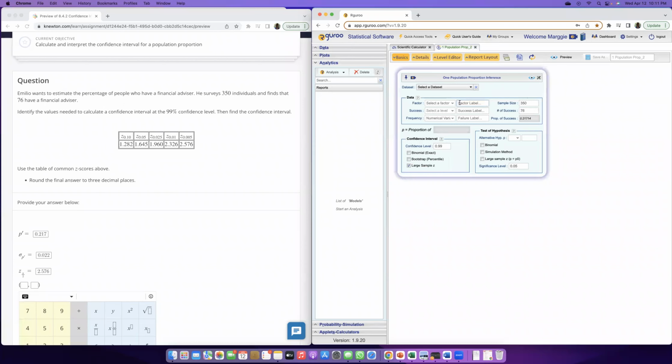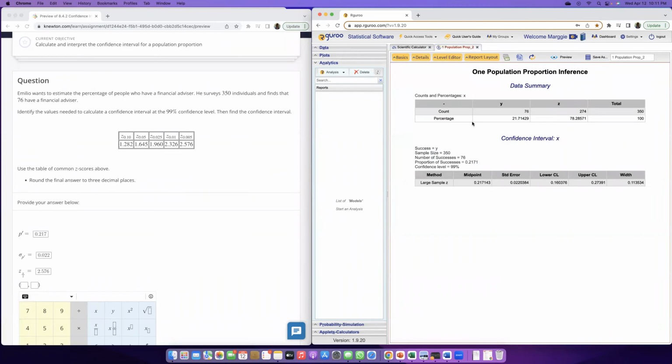So don't overthink it. I would just put X, Y, and Z so that it lets me go through. Because at the end, what you truly need is your lower and upper numbers for the confidence interval. You don't need anything else.